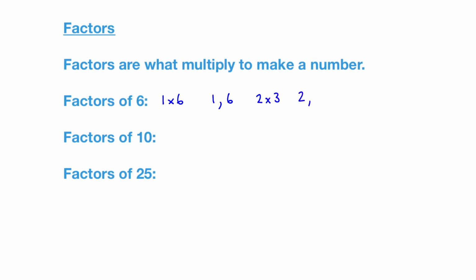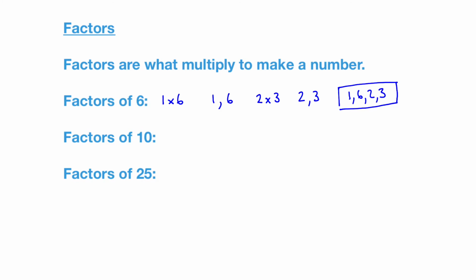So we say that 2 and 3 are factors. If we're going to list the factors of 6, they are 1, 6, 2 and 3. All of those numbers, you can divide 6 by and get a whole number as an answer, so there's no remainder.